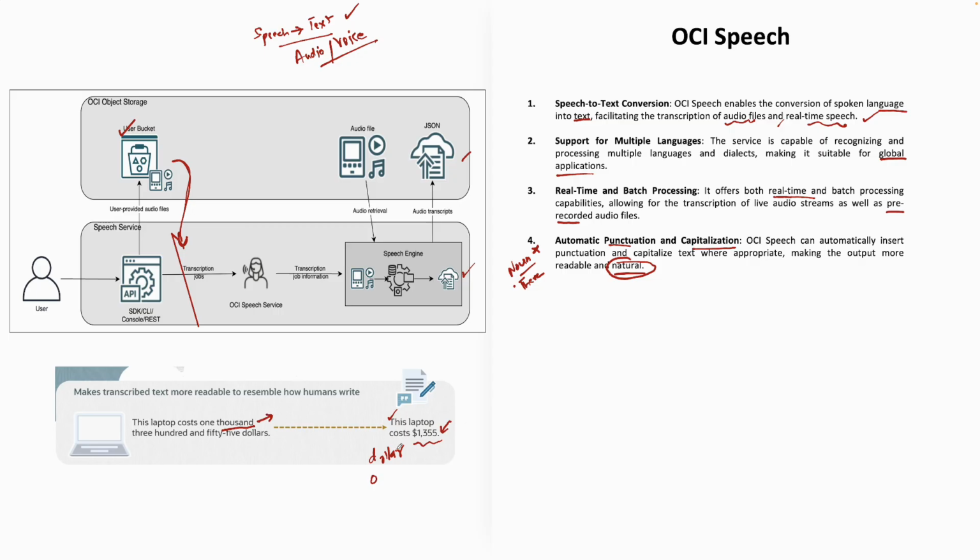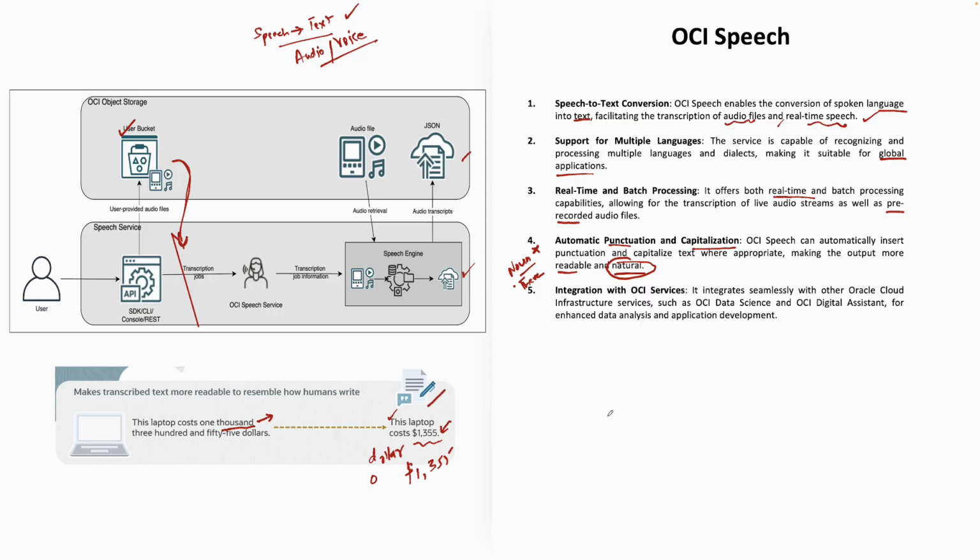It understands that when humans write, they would just put it in figures, not in the actual format where you write in words. You never write money or numerical things in words. That's why it makes the output more readable and natural. So this is more natural, if you see.